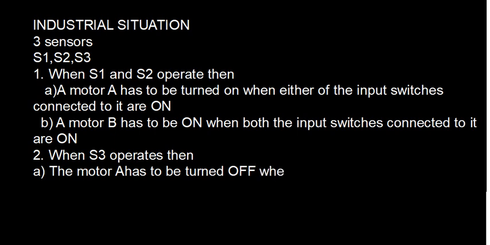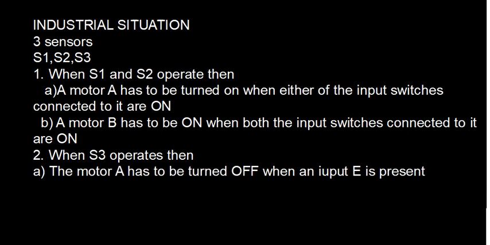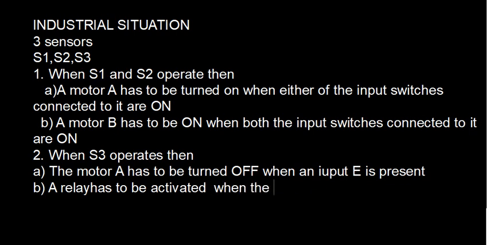Motor A has to be turned off when an input E is present. And a relay has to be activated when the motor A is off.